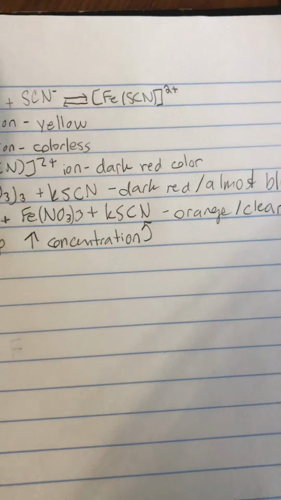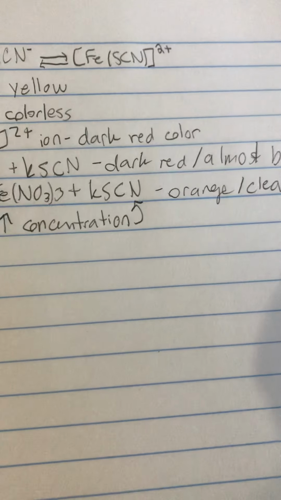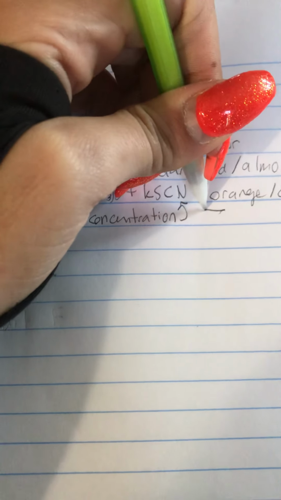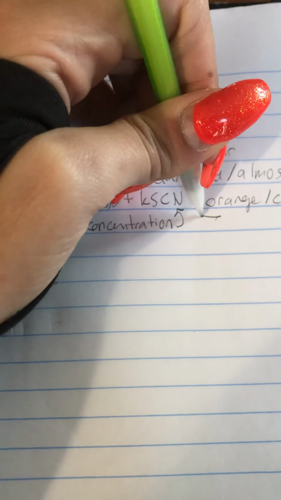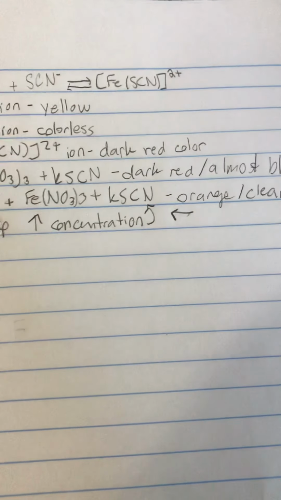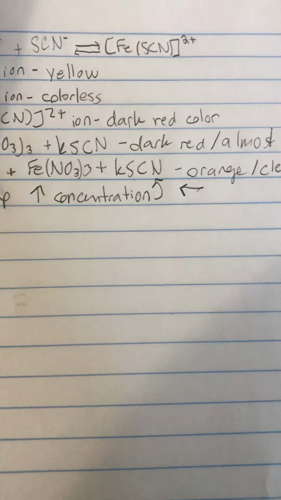And when the concentration of the reactants is increased, the reaction will shift towards the reactants, so it'll shift to the left to get back to equilibrium, resulting in a lighter color.